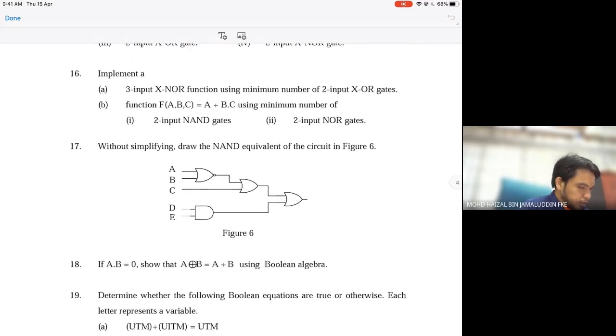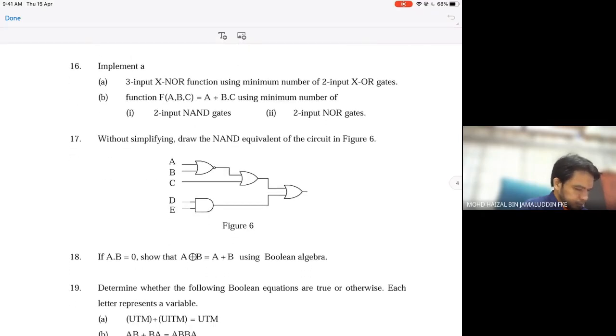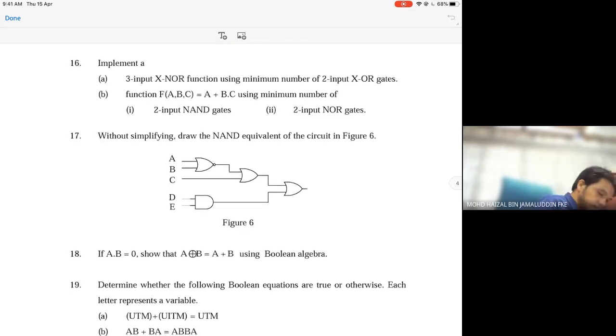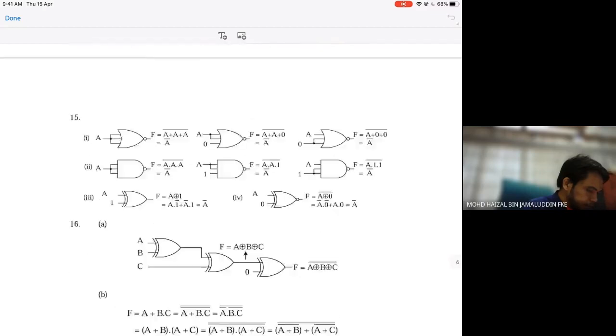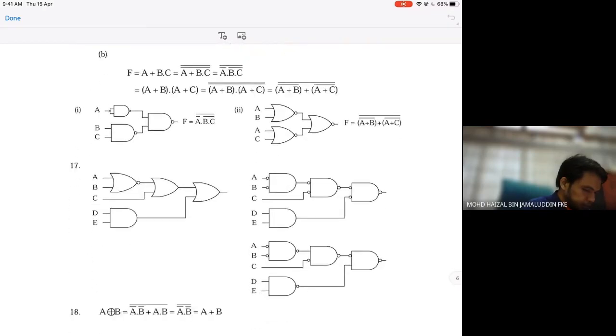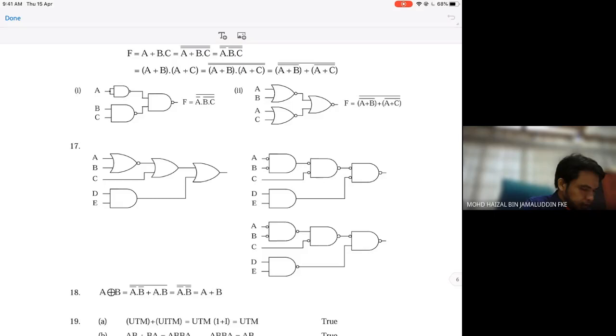So for example 17, of course you need to do the Boolean equation and find out what the output is. For number 17 here, you need to do the conversion of the NOR gate.